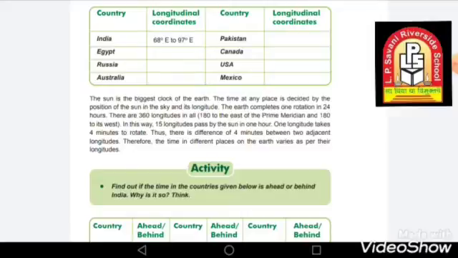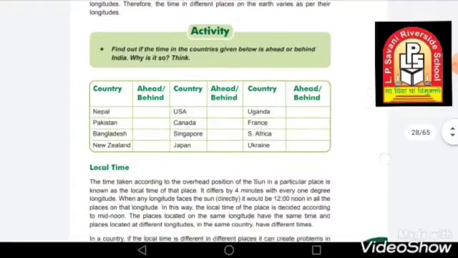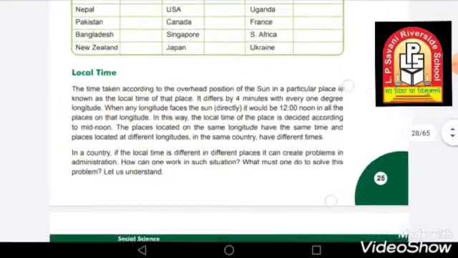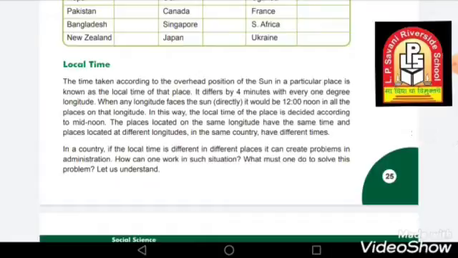So I hope you are all clear with this topic, why there are different times across the whole earth, right? Now the important thing which we are going to study is the local time, the time where we are now.